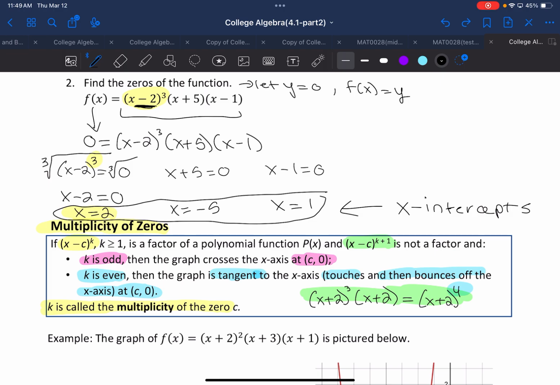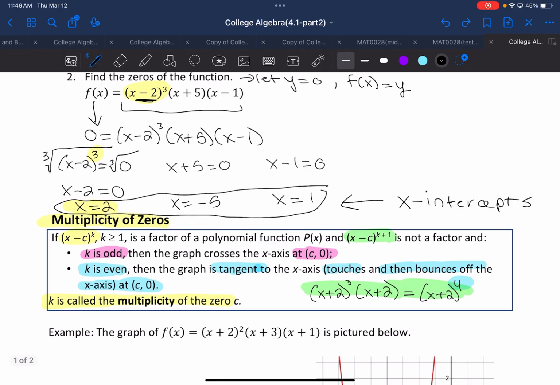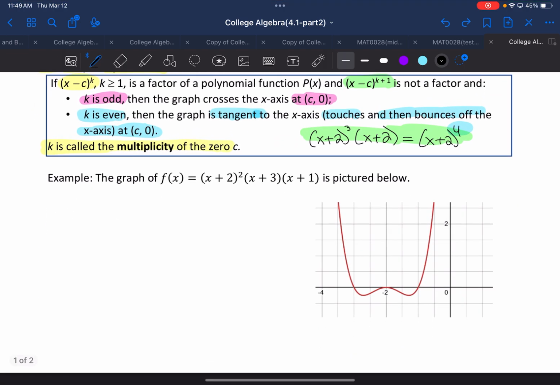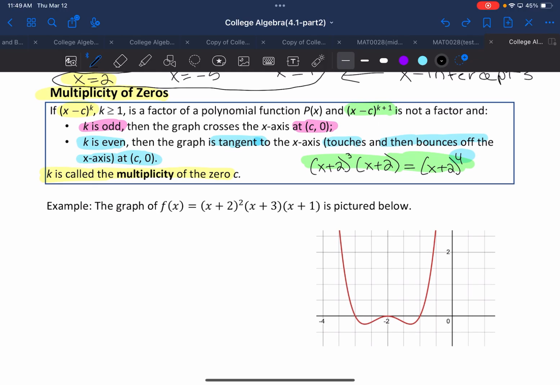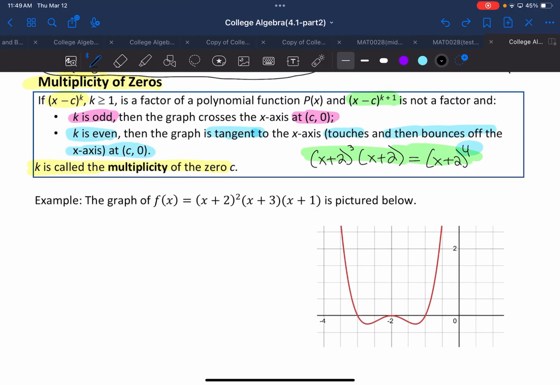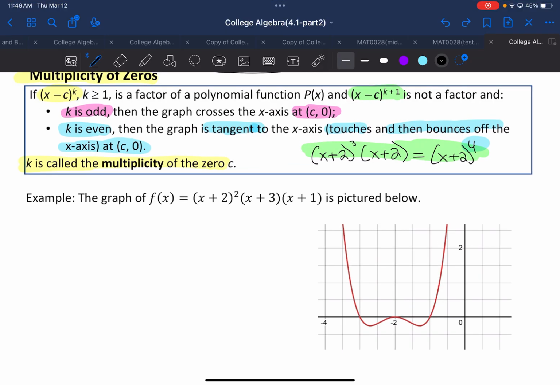So let's do an example. I already graphed this here for you, so we can use it to see. For this graph, f(x) = (x + 2) squared times (x + 3) times (x + 1).